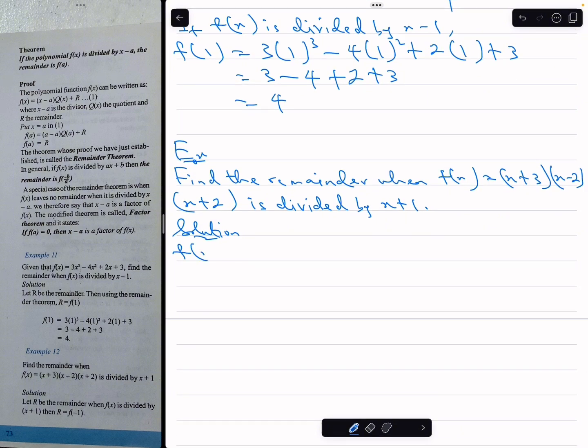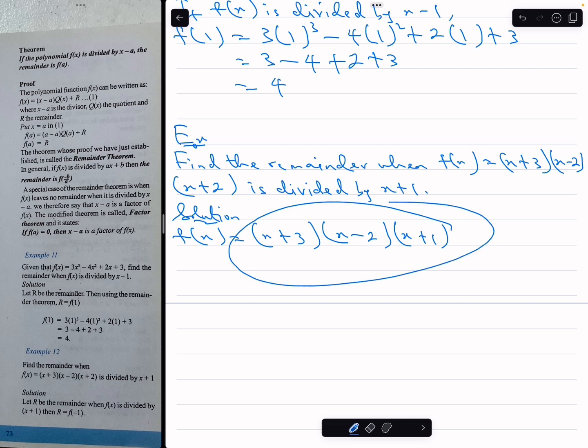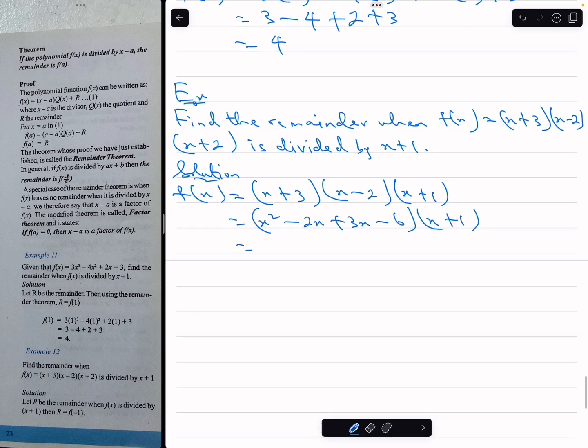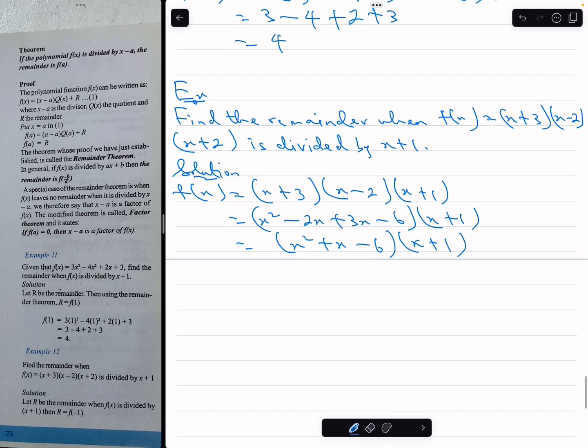F of x is equal to x plus 3 times x minus 2 times x plus 1. First of all, I like to expand f of x, and that simply means x squared minus 2x plus 3x minus 6 times x plus 1, which is x squared plus x minus 6 times x plus 1.